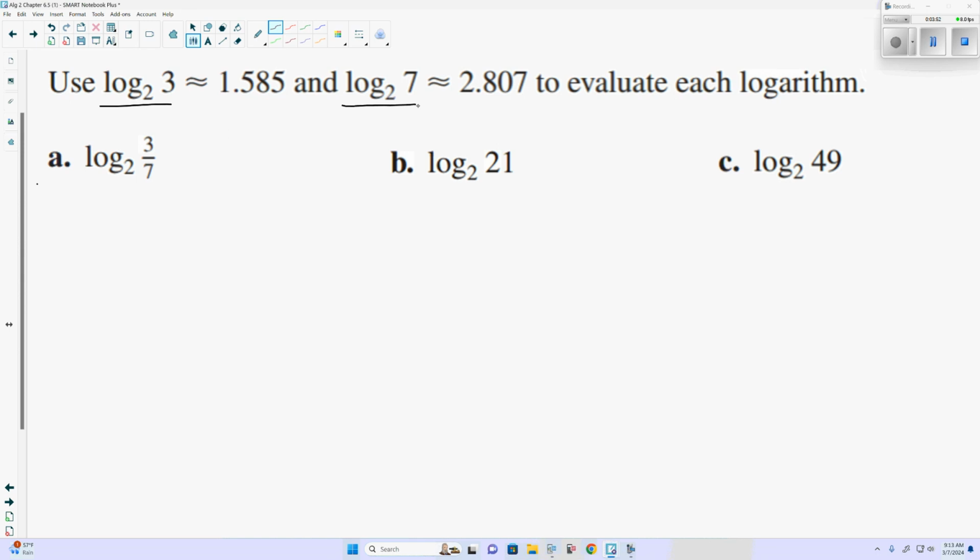Now if we look at the first one, log base 2 of 3 over 7. Well, this would be our quotient property. Because the quotient property states that if we have two things being divided inside the log, we can rewrite it as subtraction of what's on top minus what's on bottom.